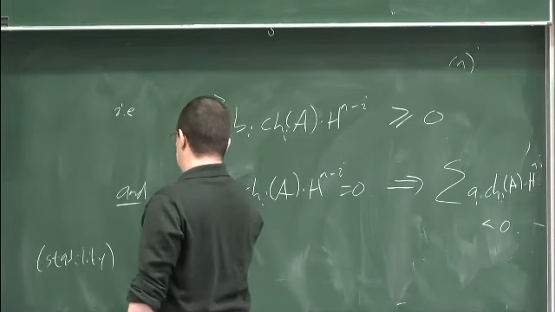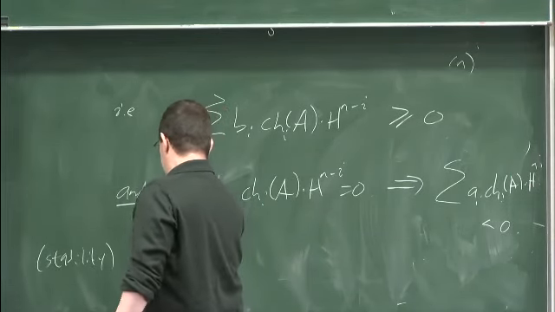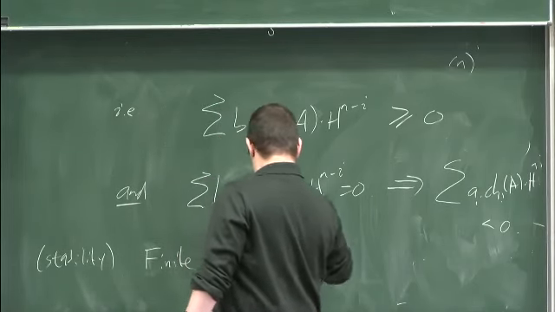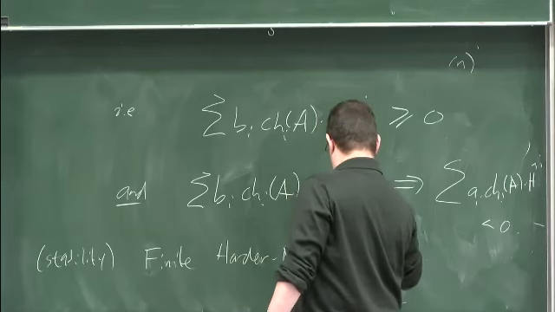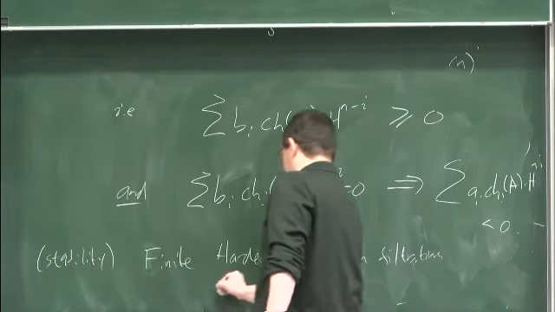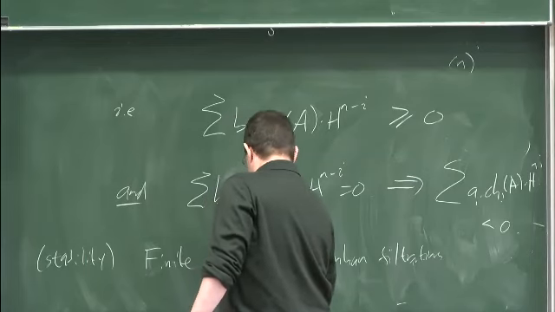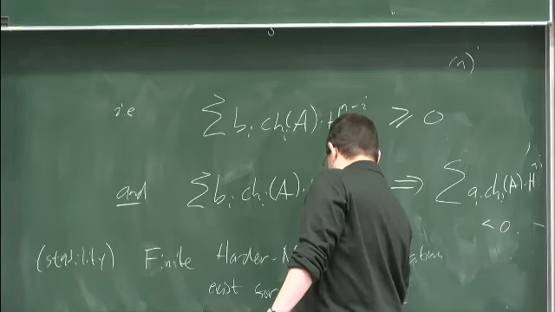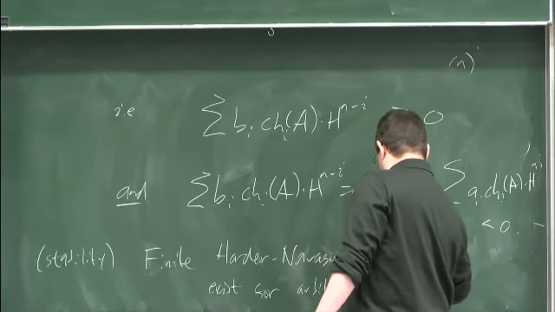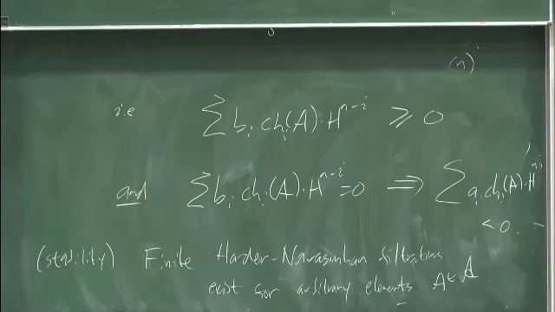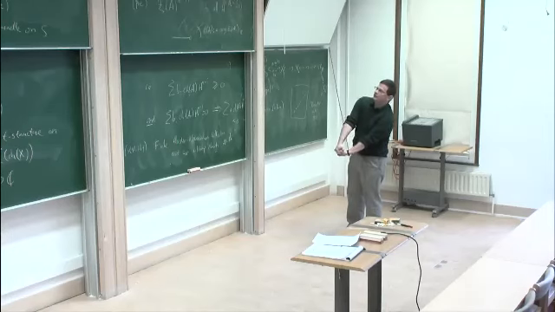And then the actual stability condition is that finite Harder-Narasimhan filtrations exist. They're unique, of course, once they exist, so they exist for arbitrary elements of A. I don't want to go into this too much, but that's the usual definition of a stability condition.